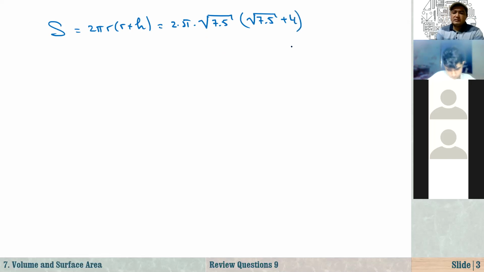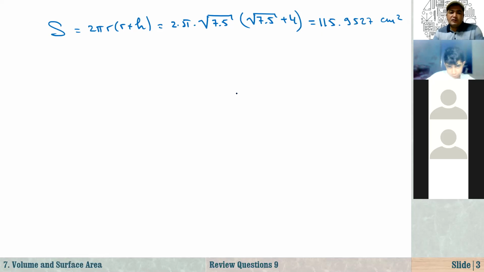Now, if you evaluate this, 2 times pi times square root of 7.5, open brackets, square root of 7.5 plus 4, that's equal to 115.9527 cm squared.